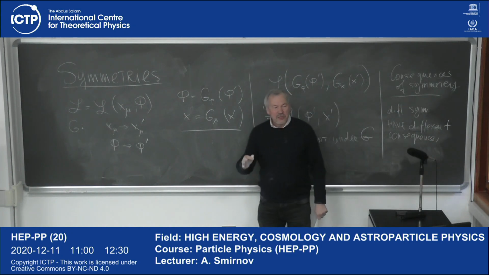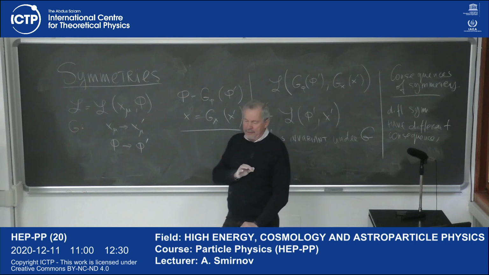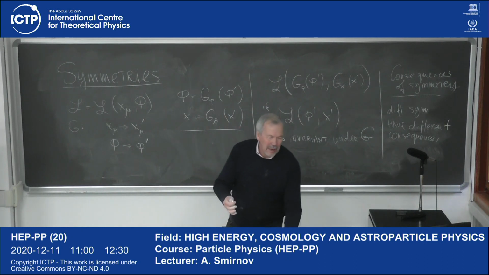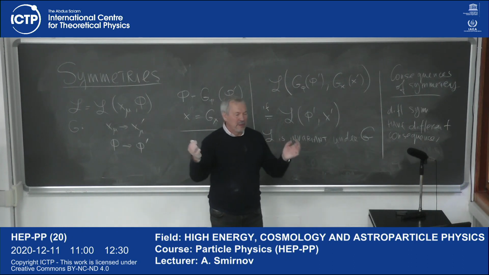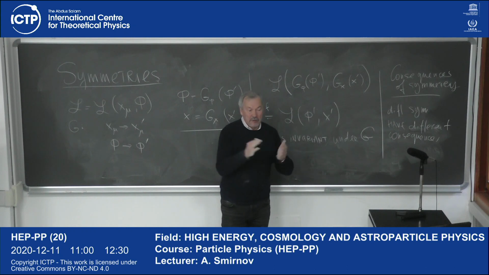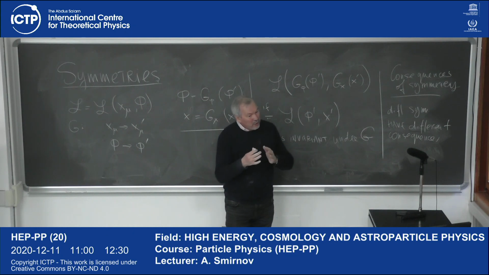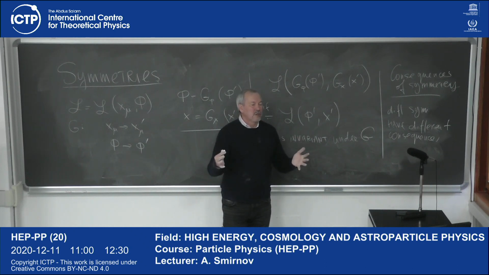By the way, the game is played from two sides. You can have some Lagrangian already found from experimental data, a constructed Lagrangian, and then study symmetry properties of this Lagrangian. You can do it the opposite way. You can define some symmetry and say, I want to construct a Lagrangian which is invariant under the symmetry.